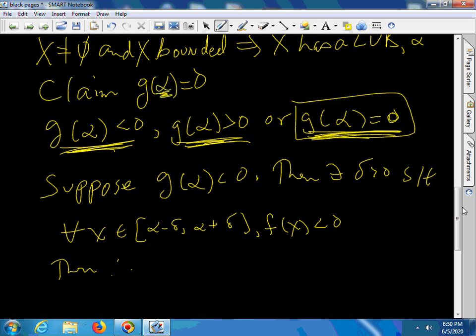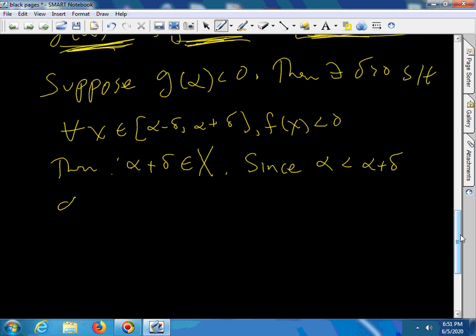Then x plus delta is an element of big X. Since alpha is less than alpha plus delta, alpha cannot equal the least upper bound of X, because we found a larger element in X. Okay. So g of alpha is not less than 0.